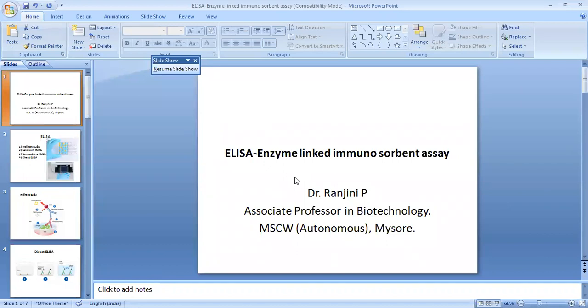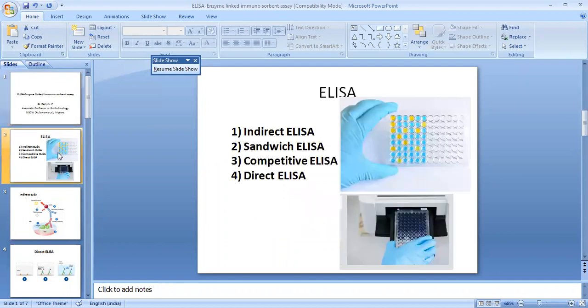This ELISA will be used to quantify the concentration of the analyte. So this analyte could be your antigen solution or antibody or sometimes even hormones. This ELISA will be conducted in the microtiter plate or the 96 well plate.